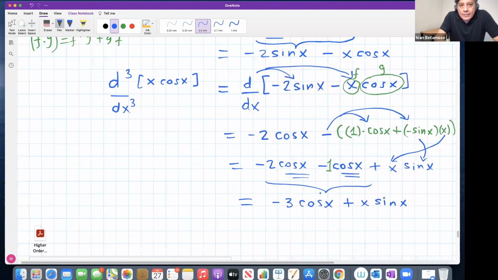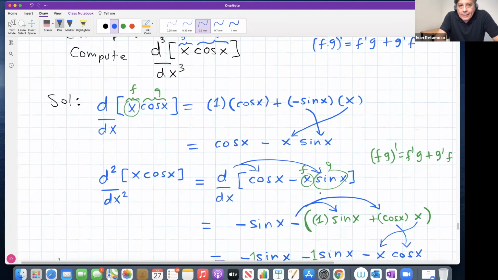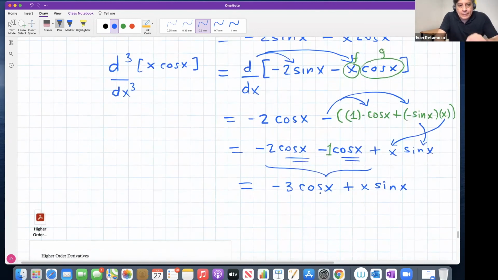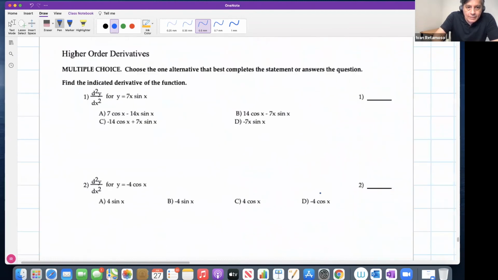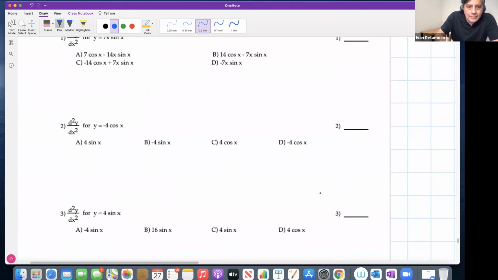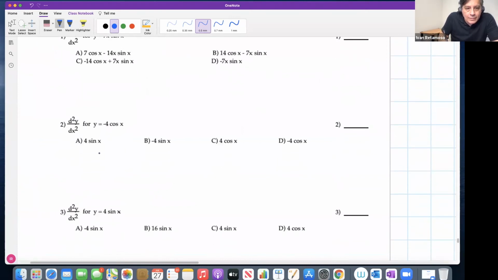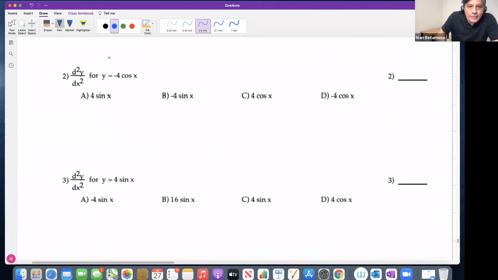Okay, so this is how you take first, second, and third derivative, right? Now I want you to practice. I want you to practice a lot here. Let's start with something simple, and then we will get to the complicated ones. So what about starting with this first? Can you do this? And then we'll go over the product rule. Yeah, this doesn't require product rule, so should be doable.